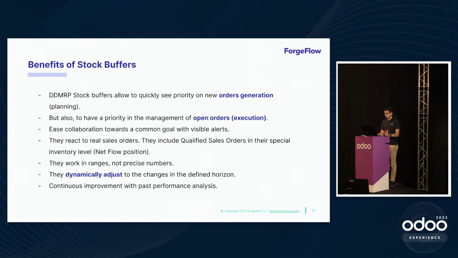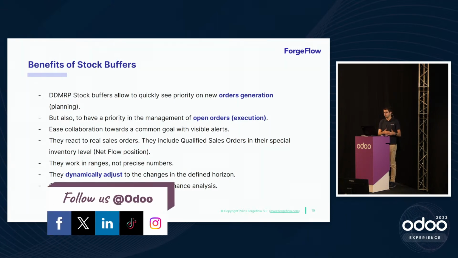As I said, I don't want to extend too much on this, but I can list some benefits of stock buffers. They can give priority, as you saw with these traffic light colors in the buffer. They give priority for the order generation, so you need to focus first on the red ones.